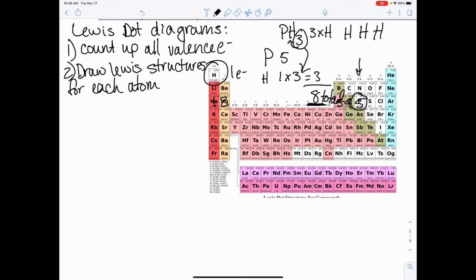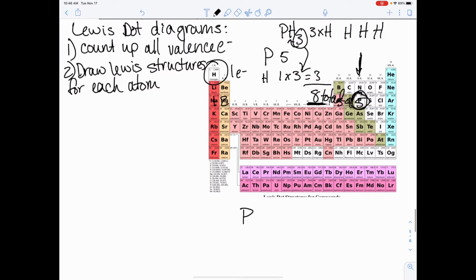So if we have 1 phosphorus, I know that it has 5 valence electrons because it's in the 5th family over here. So I'm going to start at the top and go around: 1, 2, 3, 4, 5. So this phosphorus has 5 valence electrons, and then I have 3 hydrogens. I'm going to draw an H and an H and an H. Each has 1 valence electron.